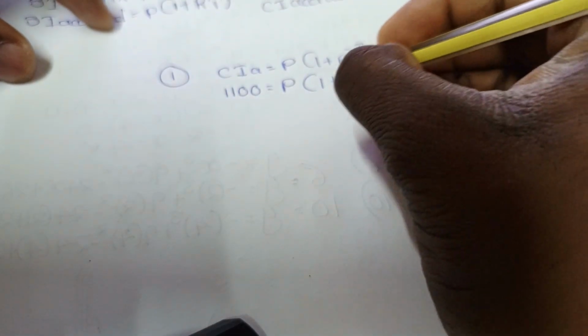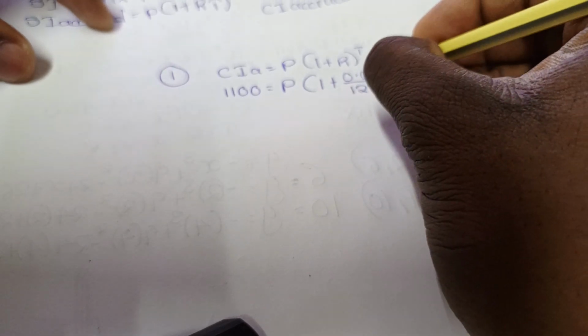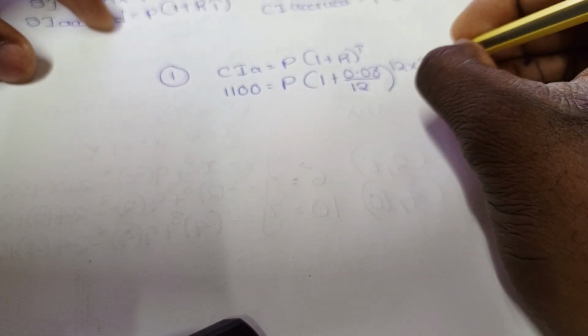So remember, the question read after 3 years, what principal? So we know compound interest accrued is equal to principal times (1 plus r) to the power t, where they said it will accrue to 1,100, the principal we don't know, and the rate is 0.08. Then remember, we said compounded monthly, so divide it by 12 and multiply the number of years by 12, where the number of years is 3.